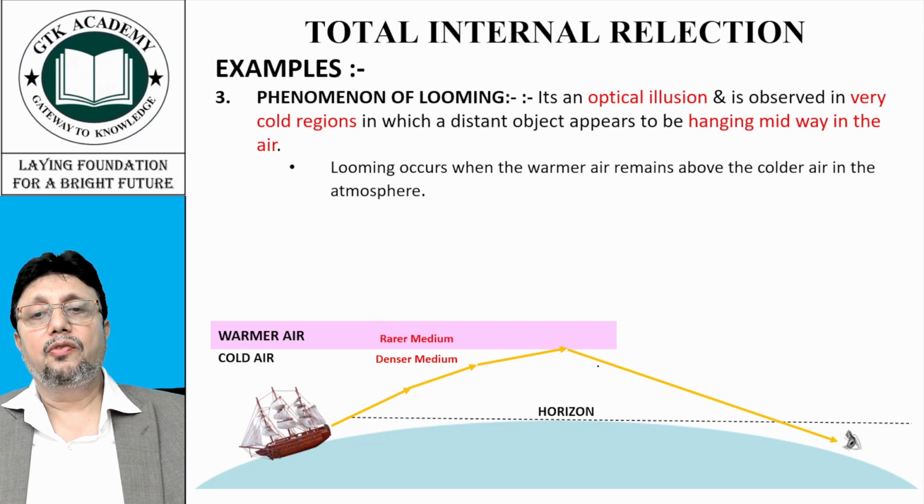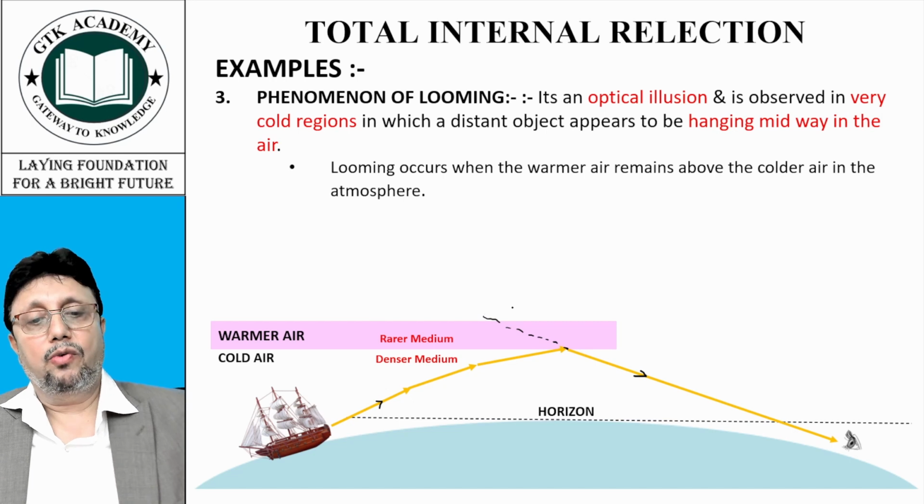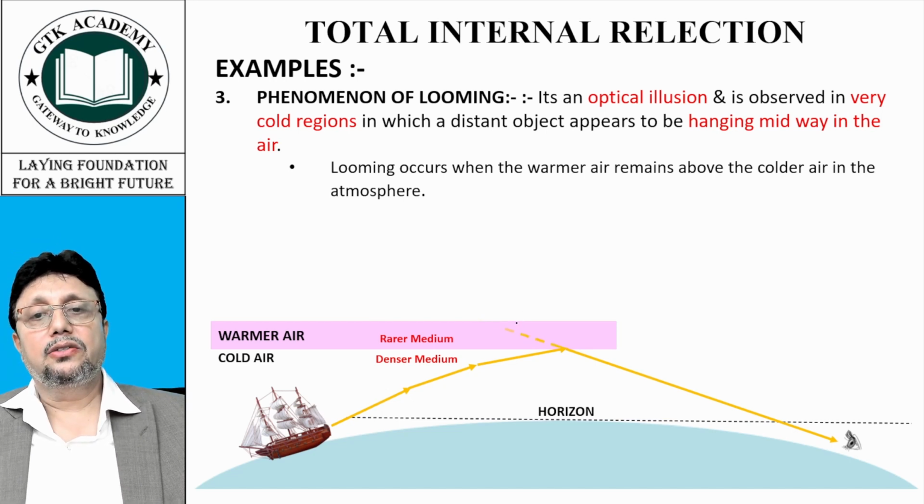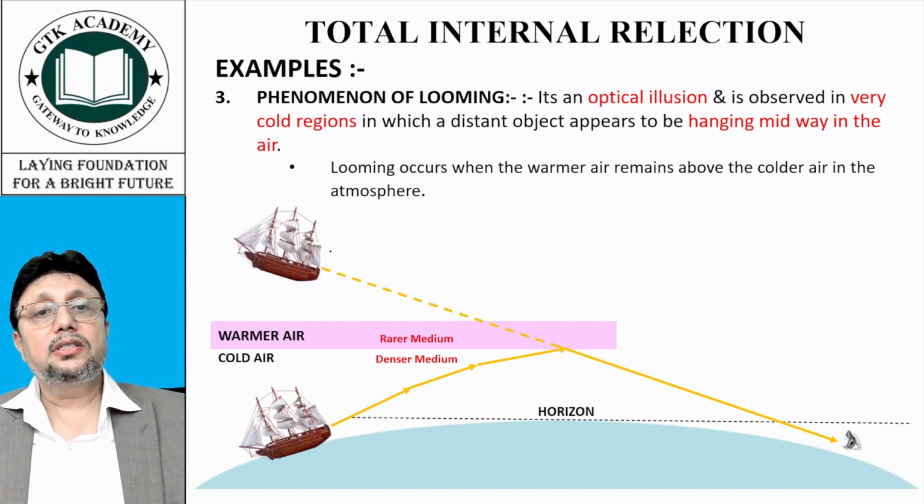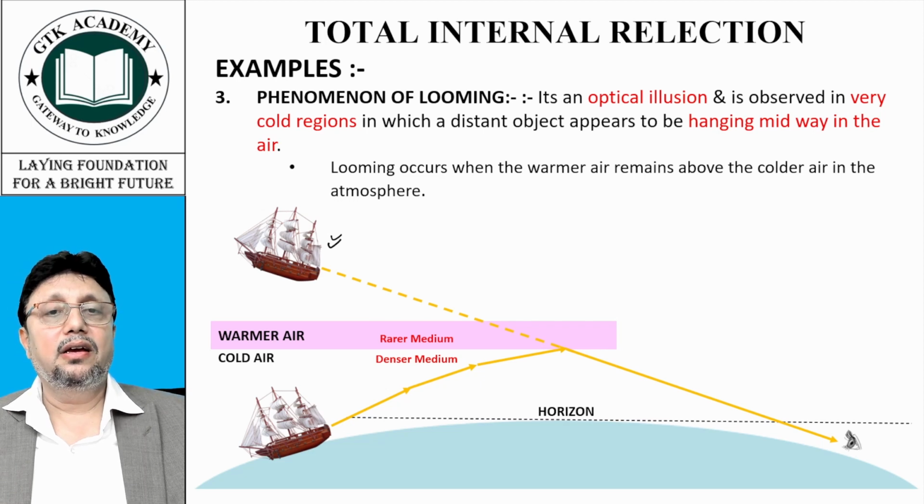So it will reach the observer's eye, and the ray is coming from the ship, but it will appear that it is coming from, you just extend it backwards like this. So this will be the image of the ship, although the ship is in the sea, which is not seen directly by the observer, but it will appear that this ship is hanging midway in air.